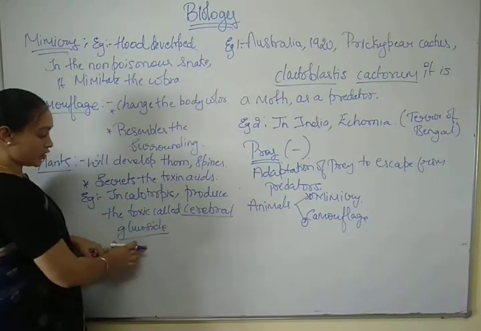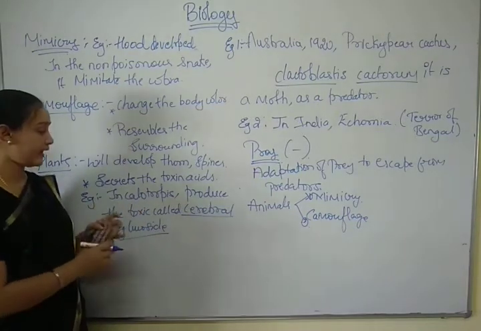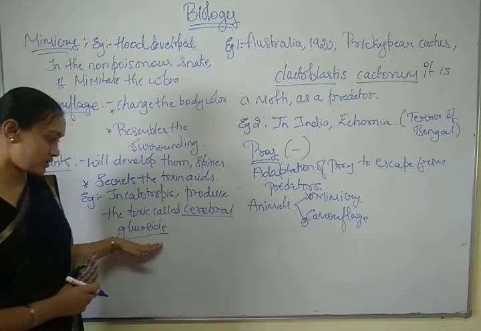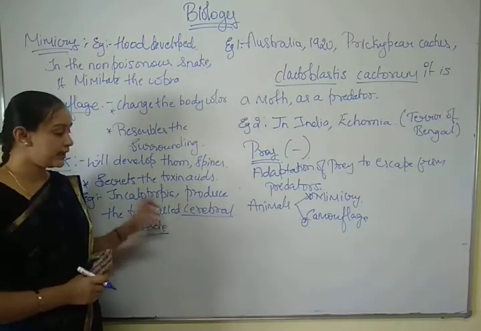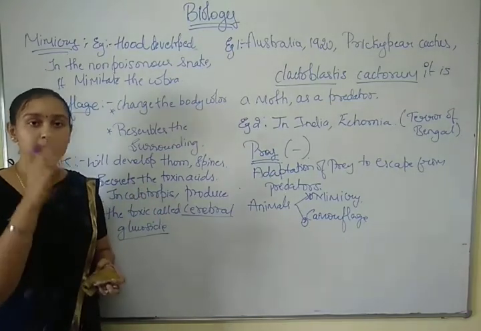The cerebral toxin, okay, suppose if a predator comes and attacks this Calotropis, it will secrete this toxin. So this toxin will attack the nervous system of a particular predator.